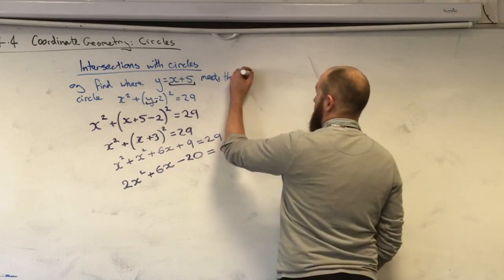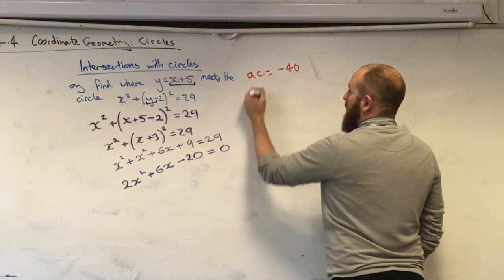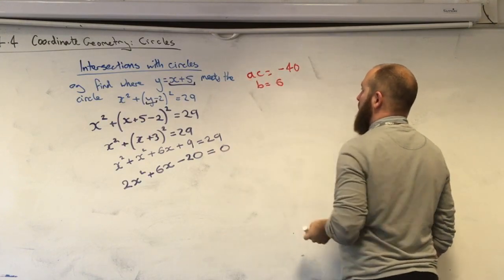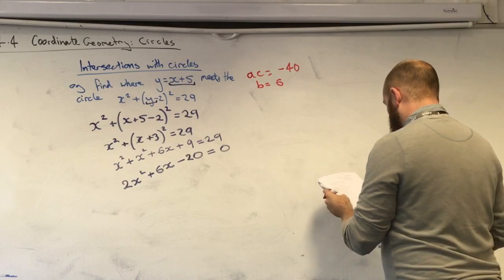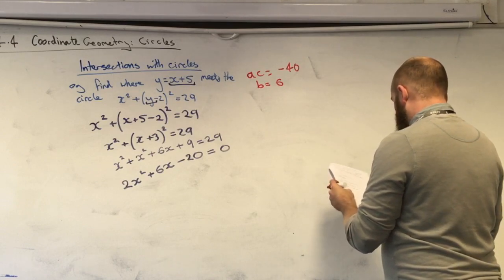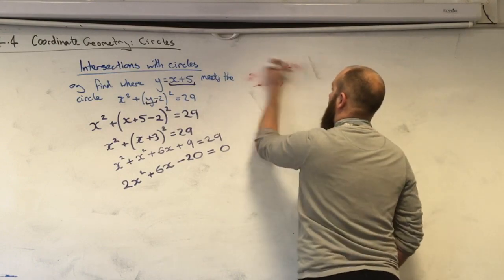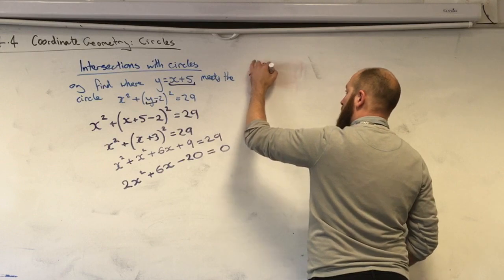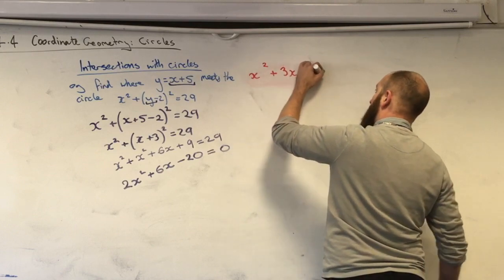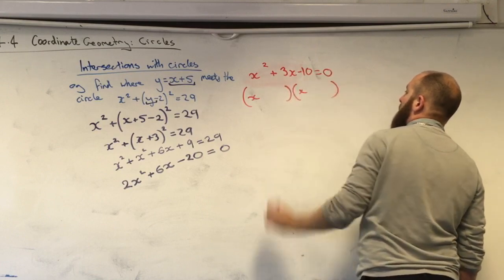So find AC, minus 40, B equals 6. We need factors of minus 40 that add up to 6. Or we can actually divide that by 2, which would be a bit easier. So divide that by 2: x squared plus 3x minus 10 equals 0.